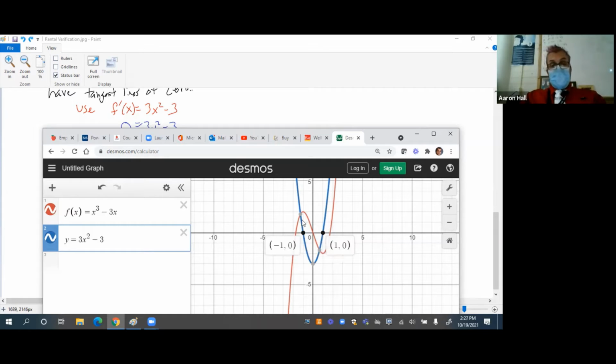Negative. Let's look at the slope of the red graph. The slope of the red graph from -1 to 1 is what? It's negative, it goes down. Now I'm saying that all of the other points for this blue graph are above the x-axis, which means what about the red graph?